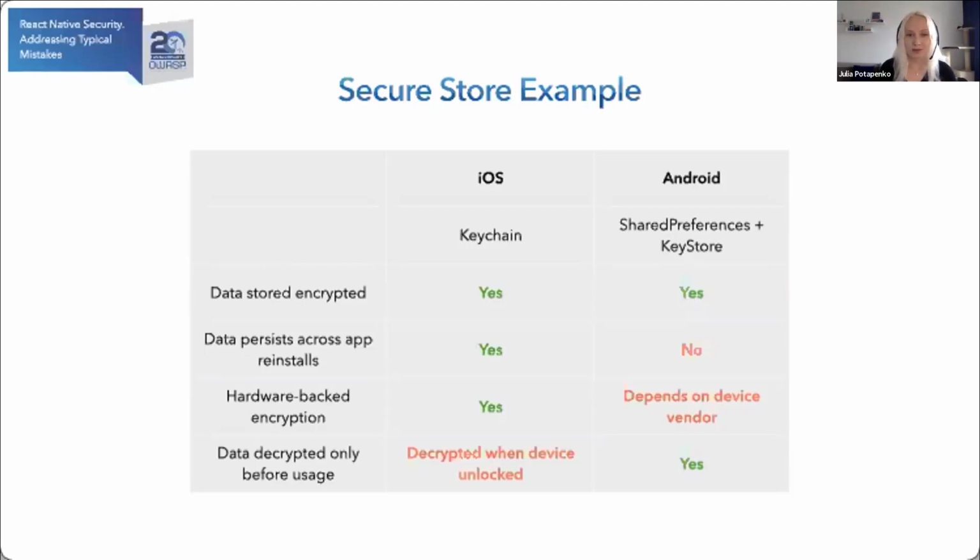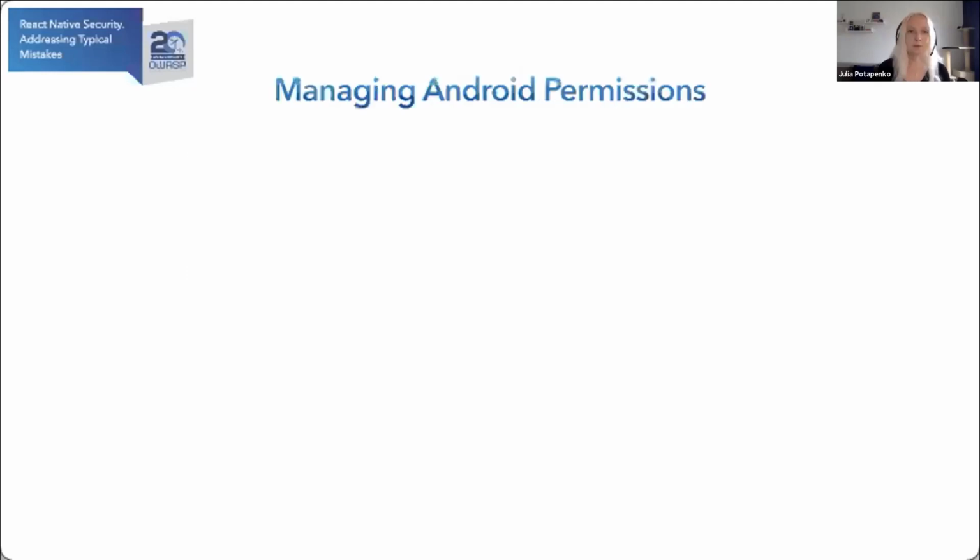And you see, there are differences in the behavior of this security control. And if you follow mobile security best practices standards, you want the behavior to be similar. You want to erase data across app reinstalls, you want to have hardware-backed encryption, and you want to decrypt your data just before use. So here you need to understand and fix these platform-specific things.